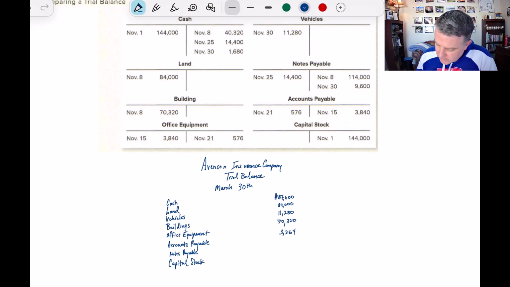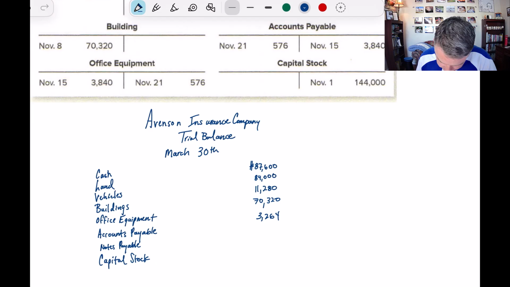Accounts payable, we had two transactions. It looks like the credits of $3,840 are larger than the debit of $576. So we are going to write this as a credit balance of $3,264. And that's important because I'm going to put it in its own column over here. So I'm going to list the credits out to the right so I can distinguish them from the debits. Notes payable.